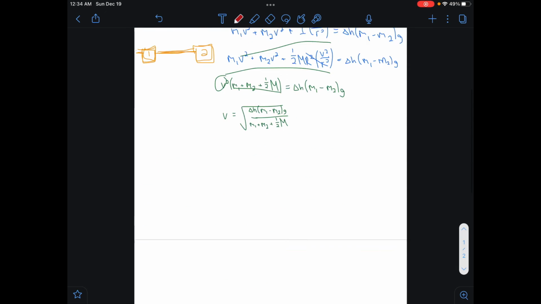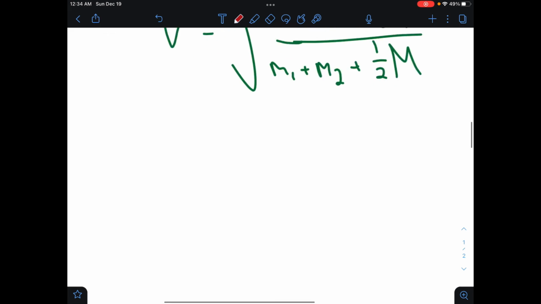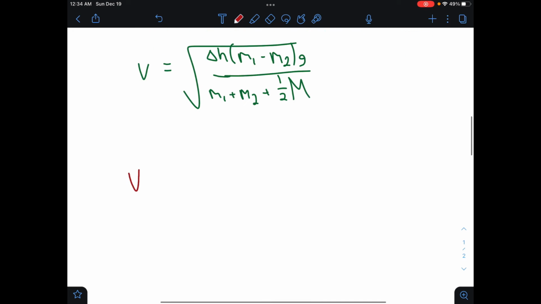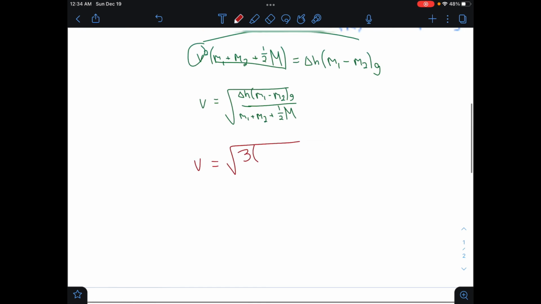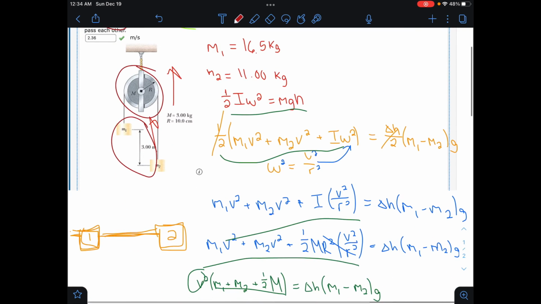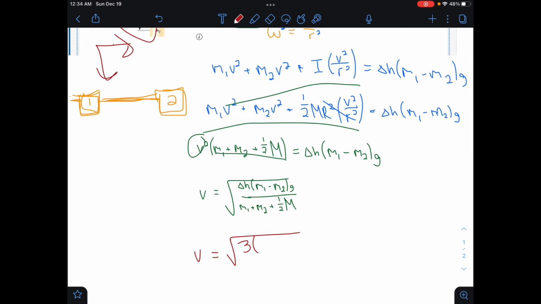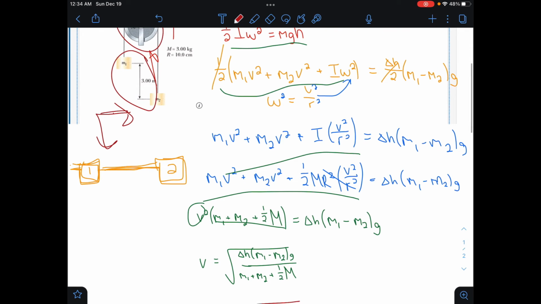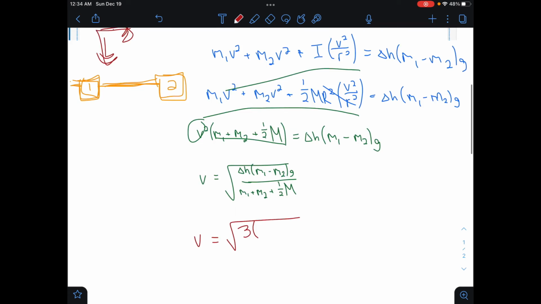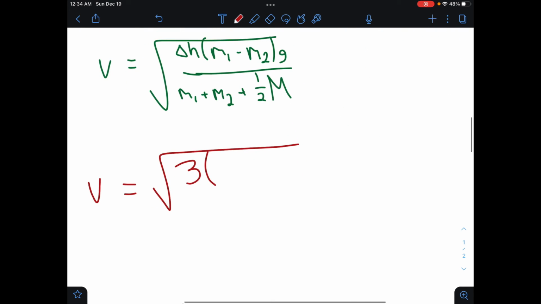So our velocity will be equal to the change in height, which is 3. I'm going to call this positive, just because our velocity is under a root, so it has to be positive. So I'm just going to say this is our positive direction. 3, let me use units actually.